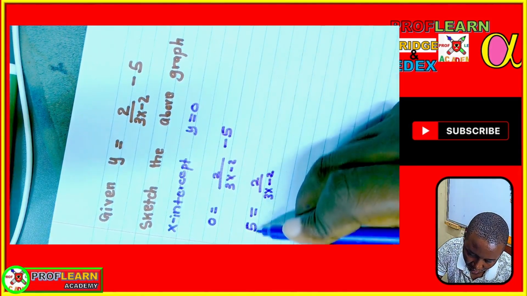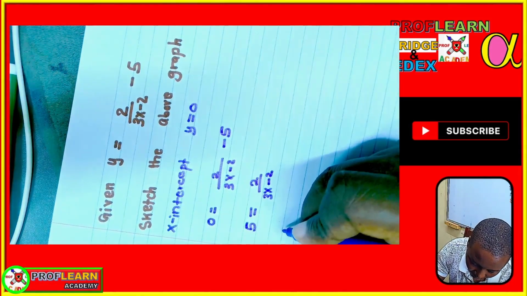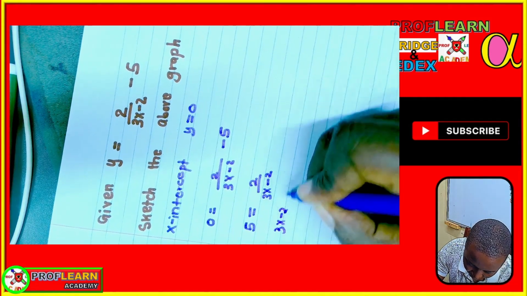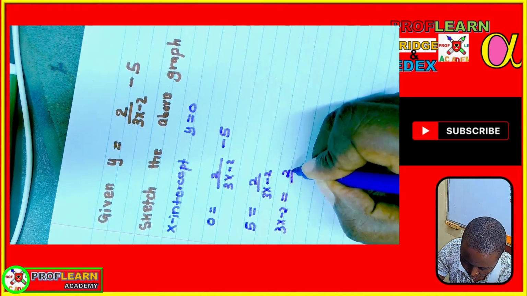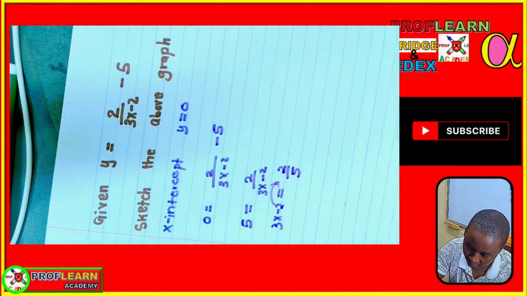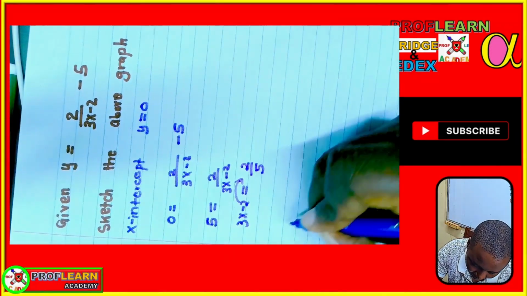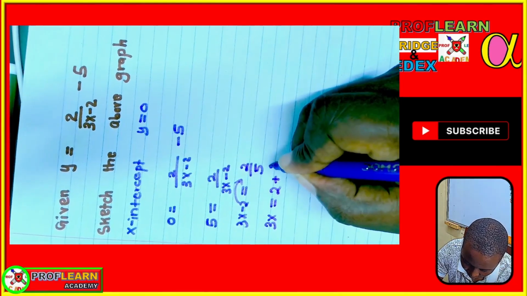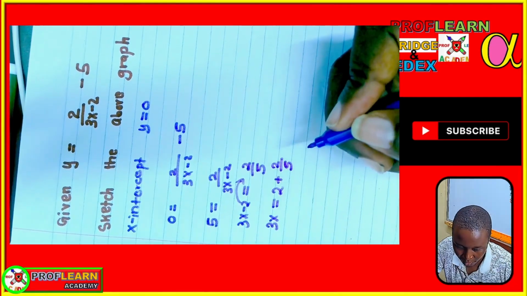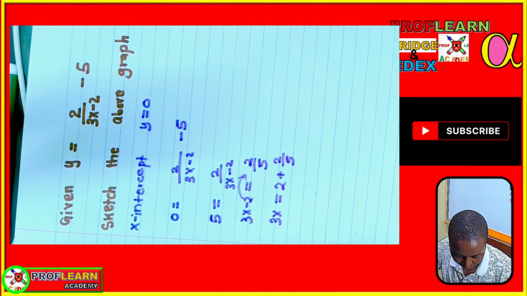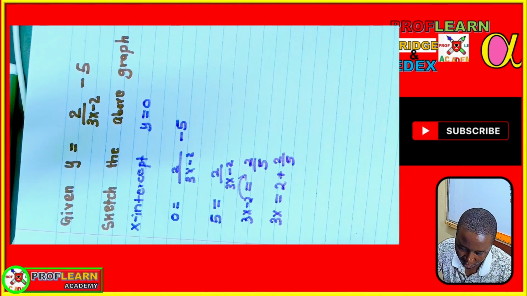Then we can cross multiply, so that we shall have 3x minus 2 is equals to 2 over 5. I will take this 2 on the other side, so we shall end up remaining with 3x is equals to 2 plus 2 over 5, which is 2.4.